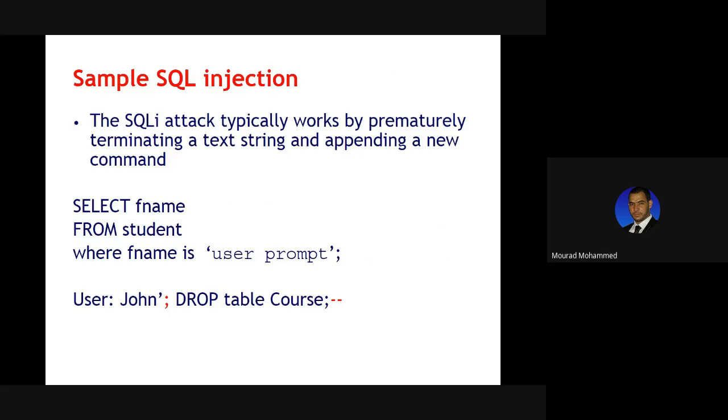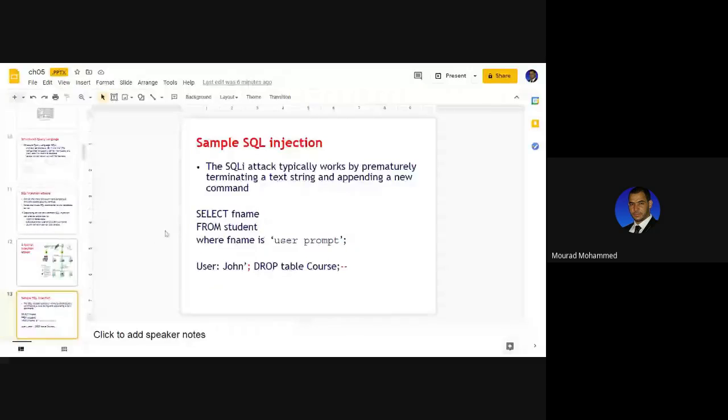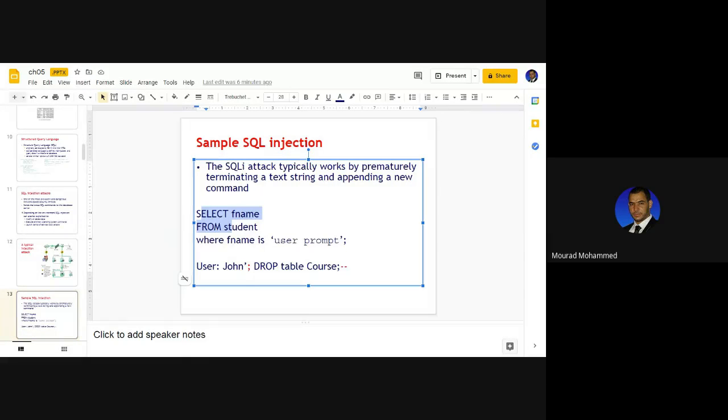What is the problem in this block only here? The problem is what the user would input here. What I'm going to type, for example, in my case, Murad.